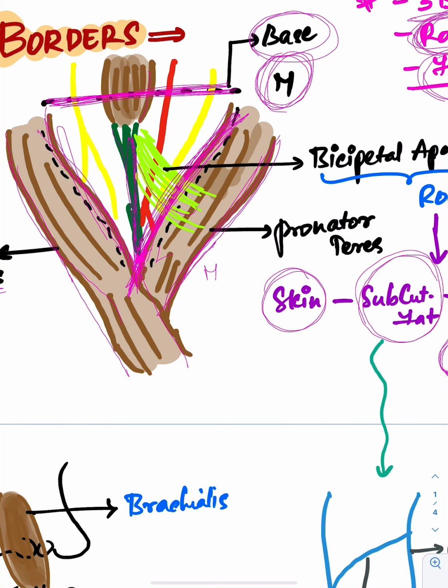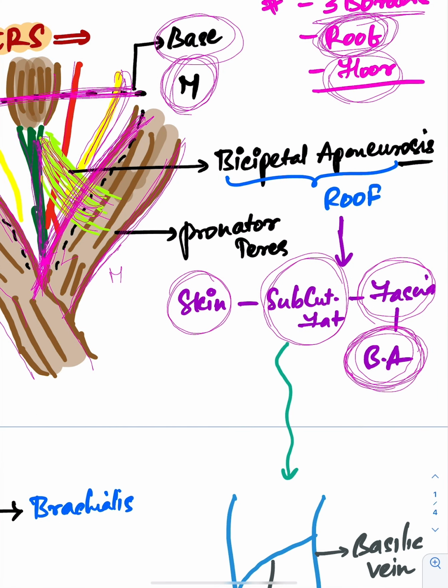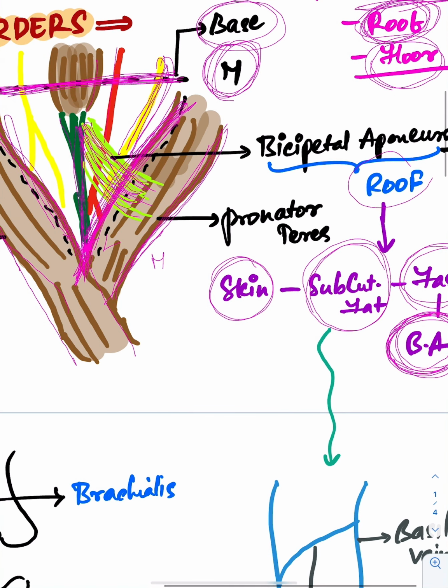During the same time it gives a thin layer of fascia called the bicipital aponeurosis that will be covering the structures, namely the brachial artery and the median nerve. Okay, so what is this bicipital aponeurosis? It is a fascia which is formed during the insertion of the biceps tendon. So this is all about the roof.